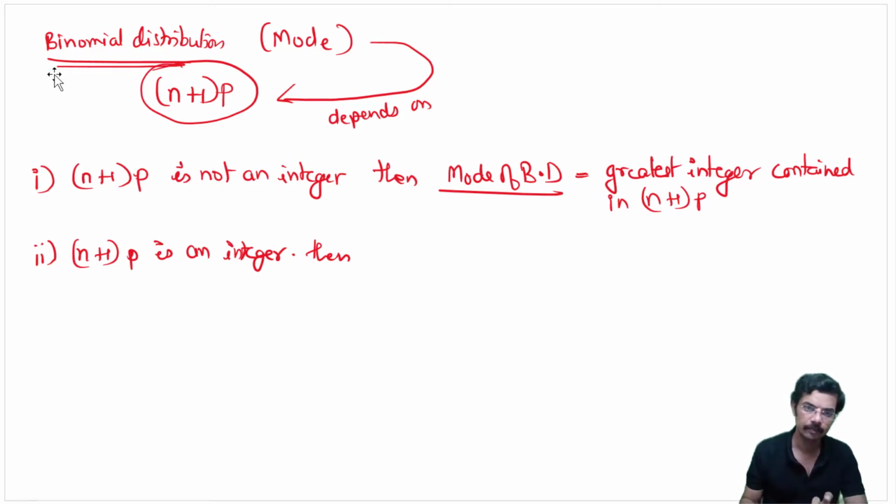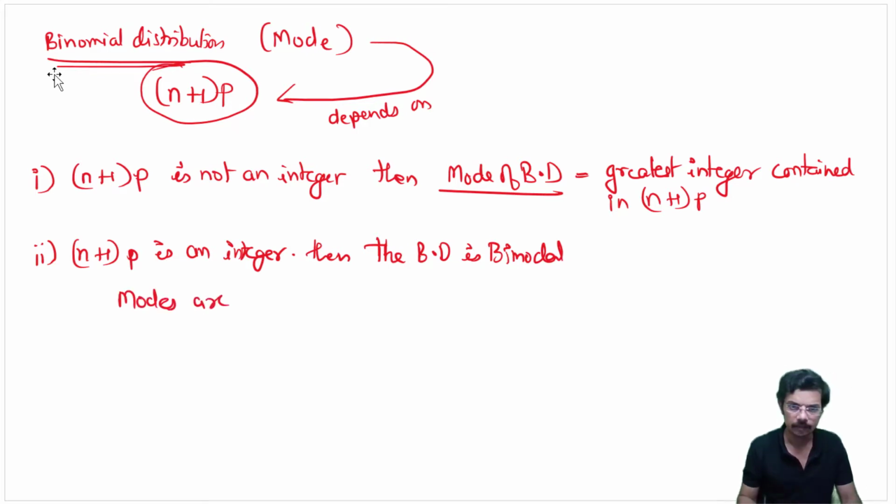The binomial distribution is bimodal, and the modes are (n plus 1) into p and its previous integer, that is (n plus 1) into p minus 1.